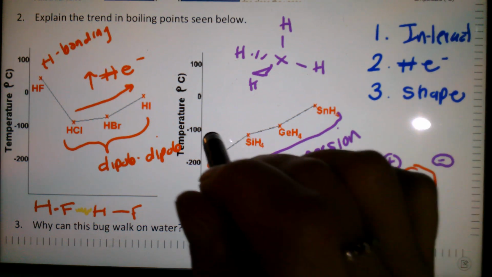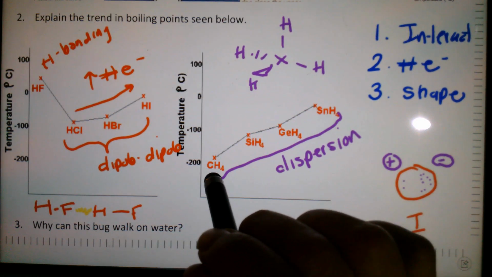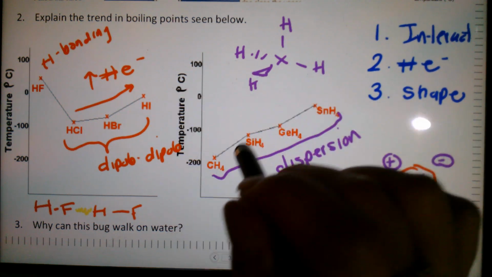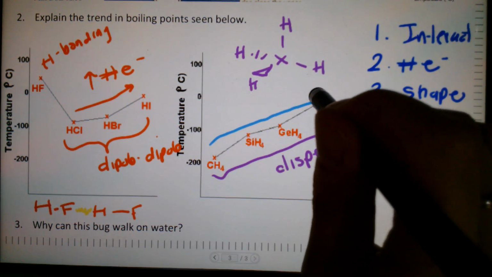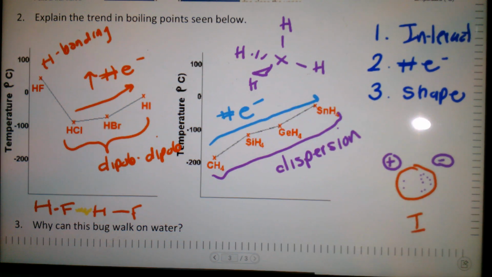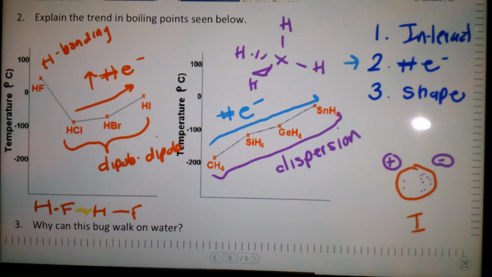The answer is that as you go from C to Si to Ge to Sn, the number of electrons in our central atom is steadily increasing. So the difference in boiling point is 100% this number of electrons.